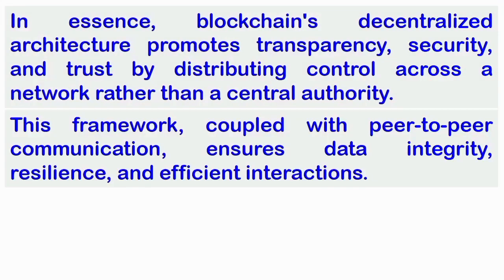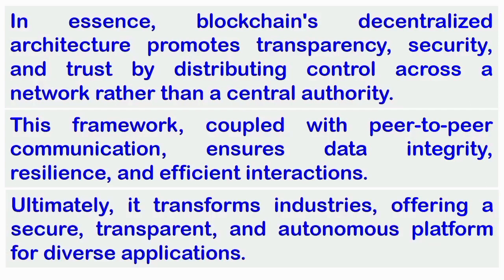This framework, coupled with peer to peer communication, ensures data integrity, resilience, and efficient interactions. Ultimately, it transforms the industries, offering a secure, transparent, and autonomous platform for diverse applications.